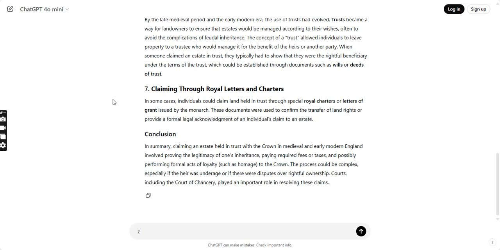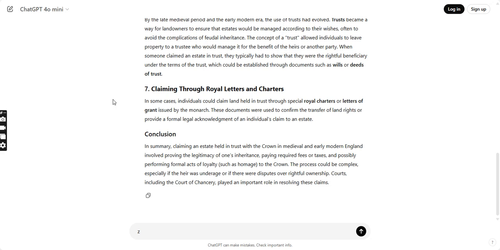Conclusion. In summary, claiming an estate held in trust with the crown in medieval and early modern England involved proving the legitimacy of one's inheritance, paying required fees or taxes, and possibly performing formal acts of loyalty, such as homage to the crown.